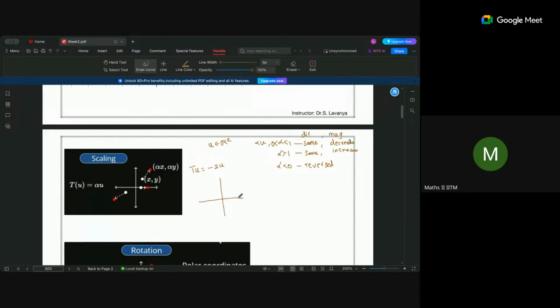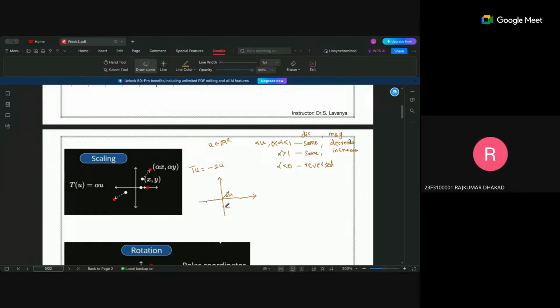Okay. So now for this transformation, for example, if I consider the point 1 comma 1, where will it get scaled to? Minus 2 times u. So this is your 1 comma 1 vector. So what is the value of T u?